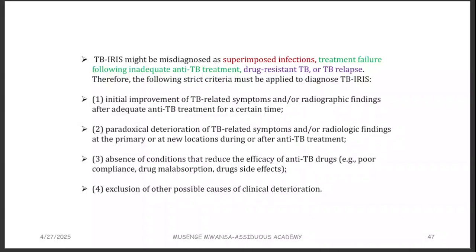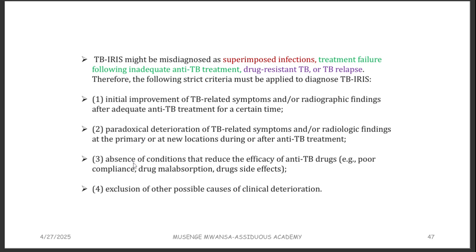But for you to say this is IRIS, you need to make sure there is initial improvement of TB related symptoms or the radiological findings after treatment, like they are improving, or there is paradoxical deterioration of TB related symptoms or radiological findings at the primary or at a new location, like just something happens, the symptoms start to worsen.